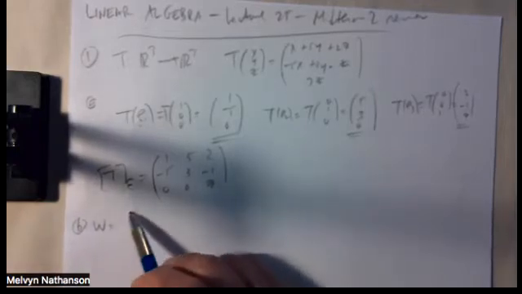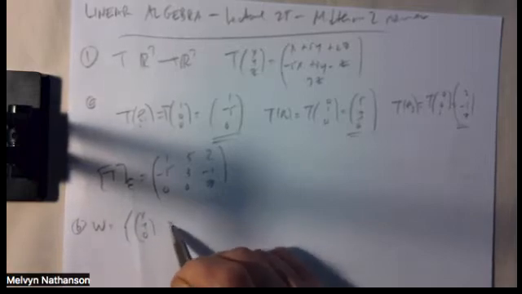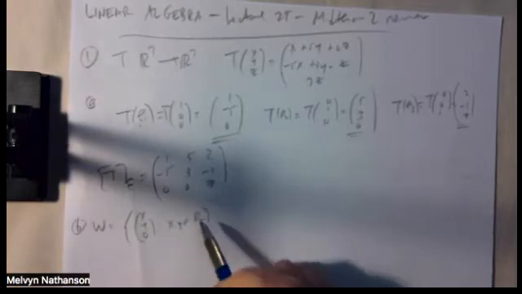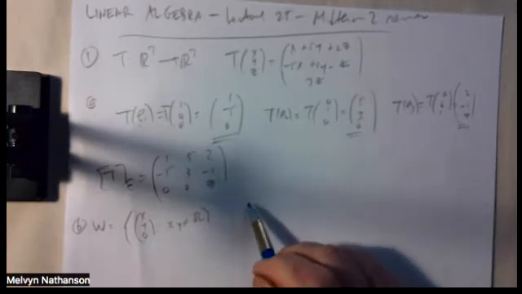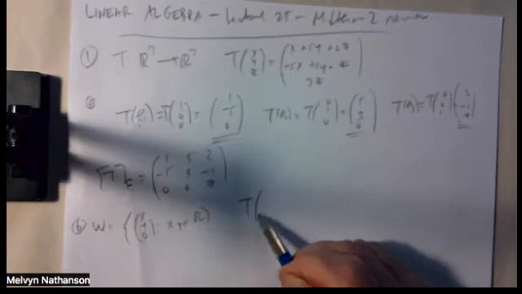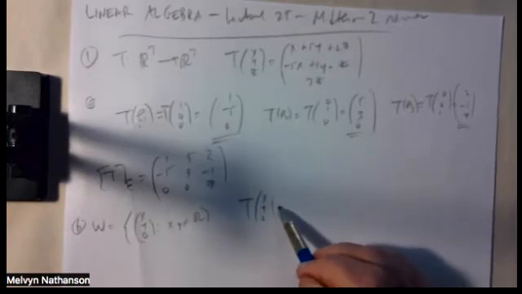Now, if we let W be all the vectors in R3 where the z component is 0, what is T of a vector in that subspace? This is a subspace.